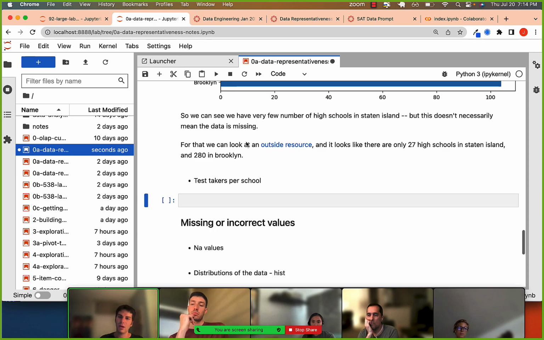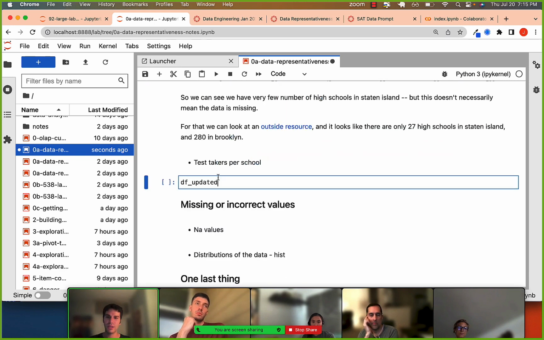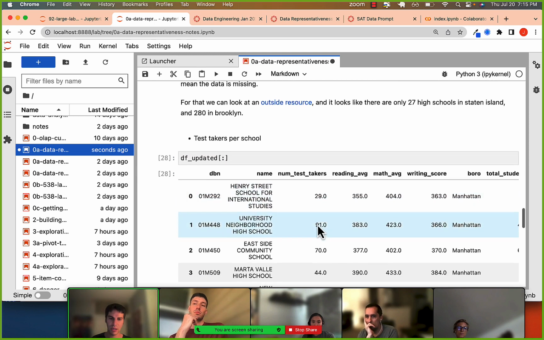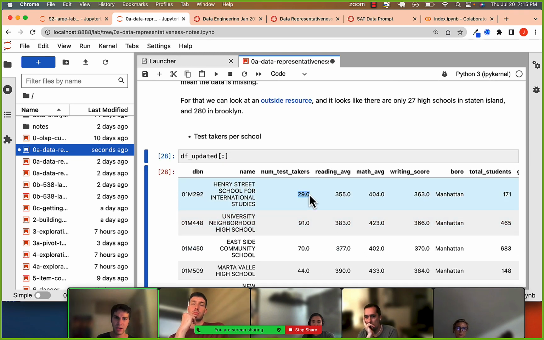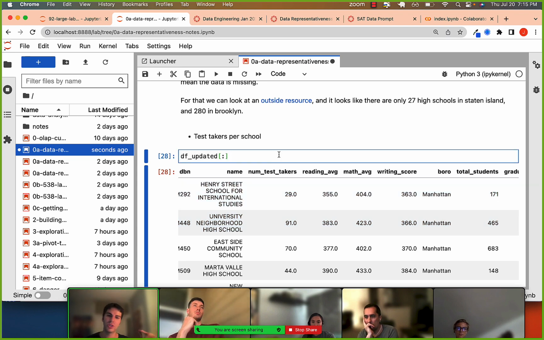The other thing that I looked at, if you look at the DF, let's just look at this thing. You can see the number of test takers, right? And the total number of students. So it depends on what conclusions you're trying to make.